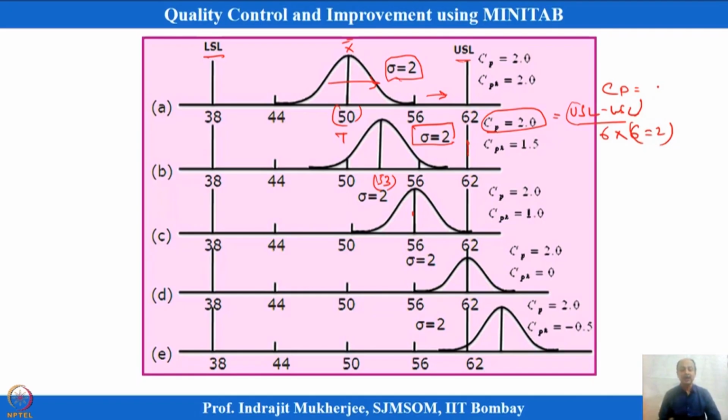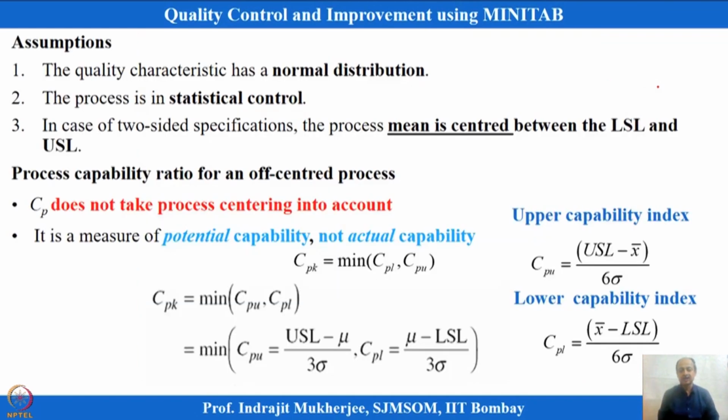So, what we have to do is revise this formulation so that we penalize it if the distribution moves to the upper or lower specification limits. Even if CP remains 2, we can expect that the performance is deteriorating, but that is not captured by CP. So, they use another index, known as the CPK index, which is the minimum value of CPL and CPU. MINITAB will calculate this automatically.